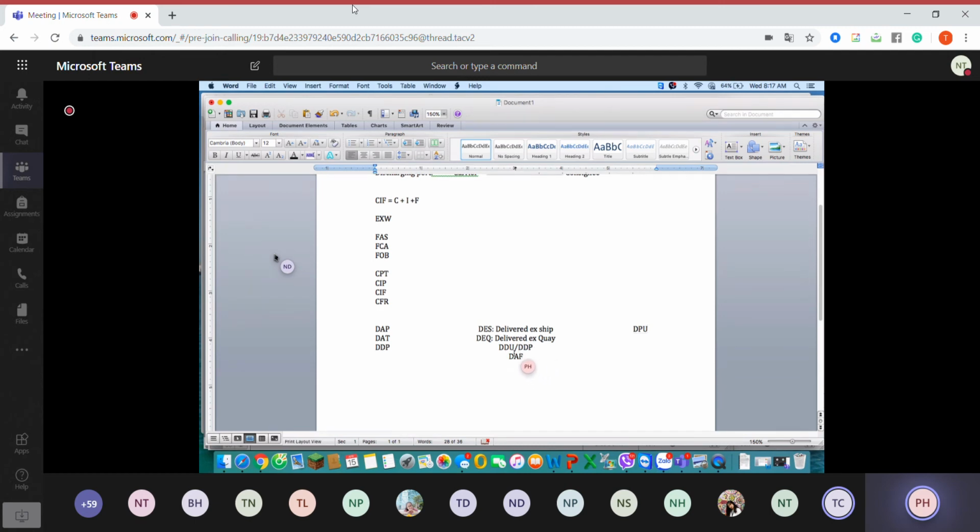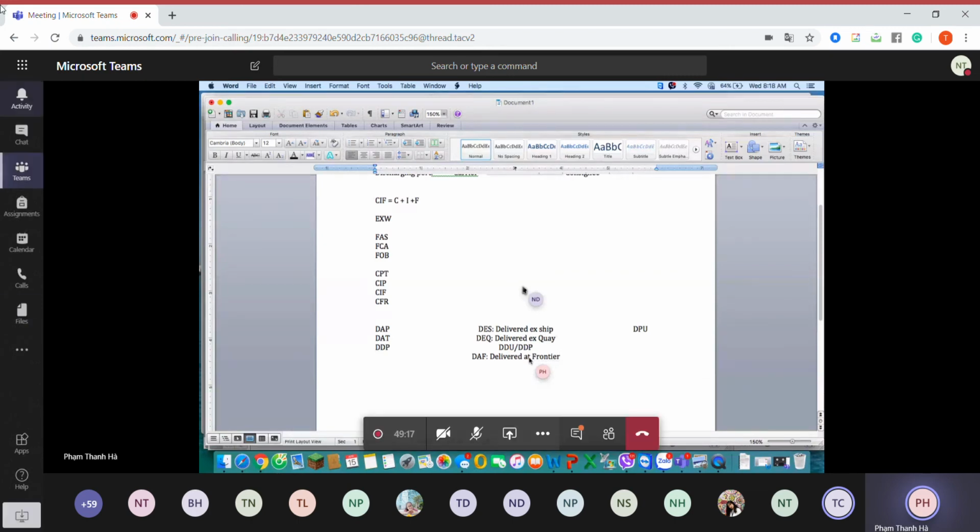And DAF is the last term and condition belonging to the D group in Incoterms 2000, which means Deliver at Frontier. So what is the frontier, or what is the border?